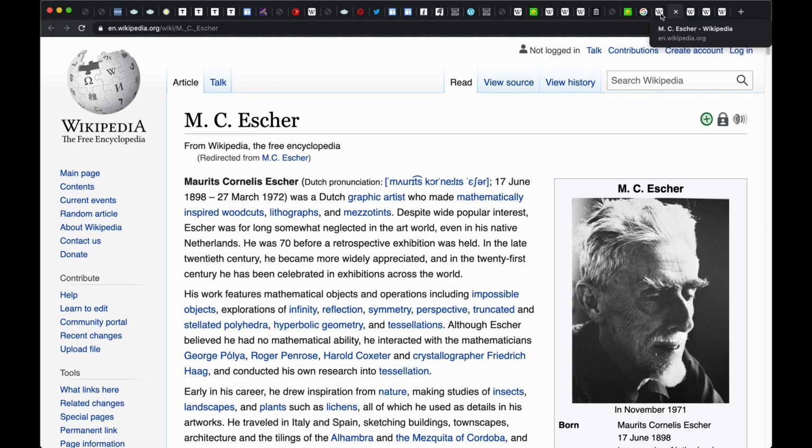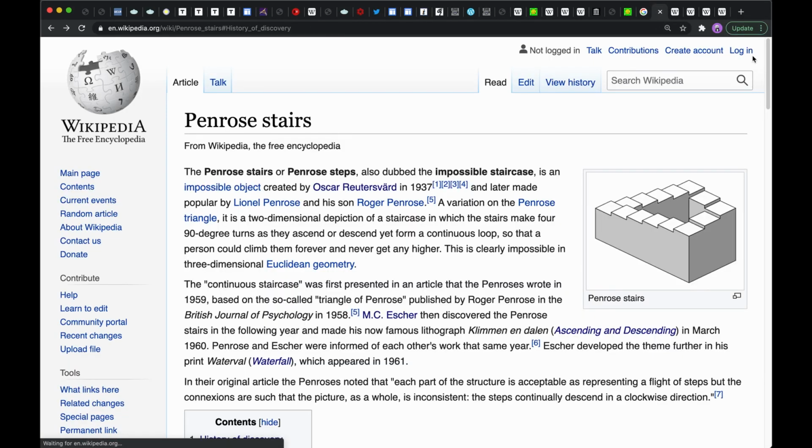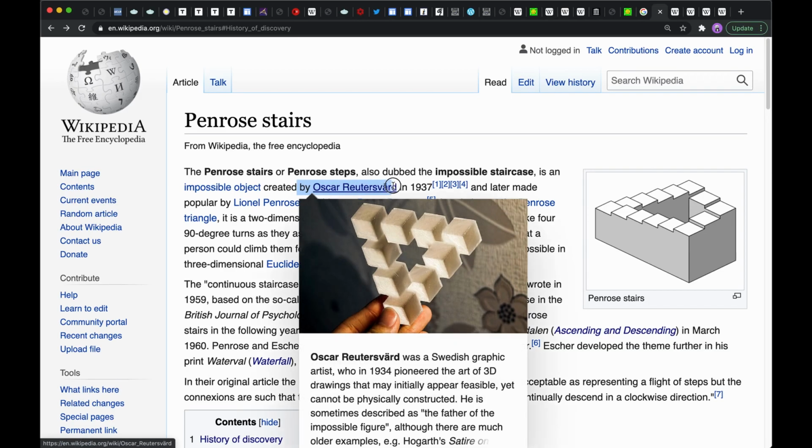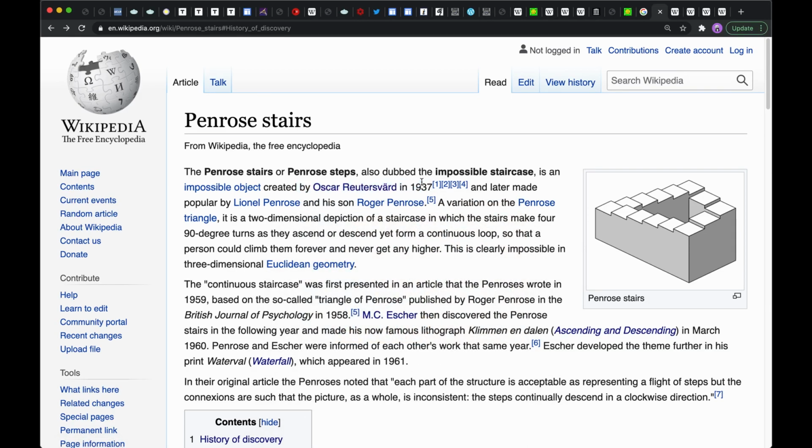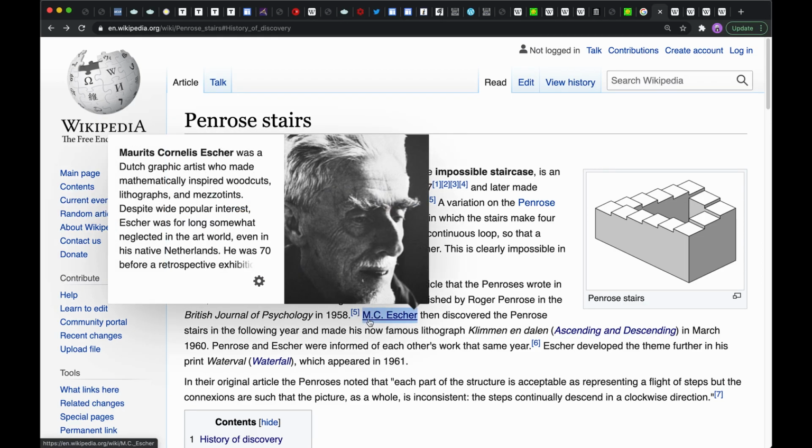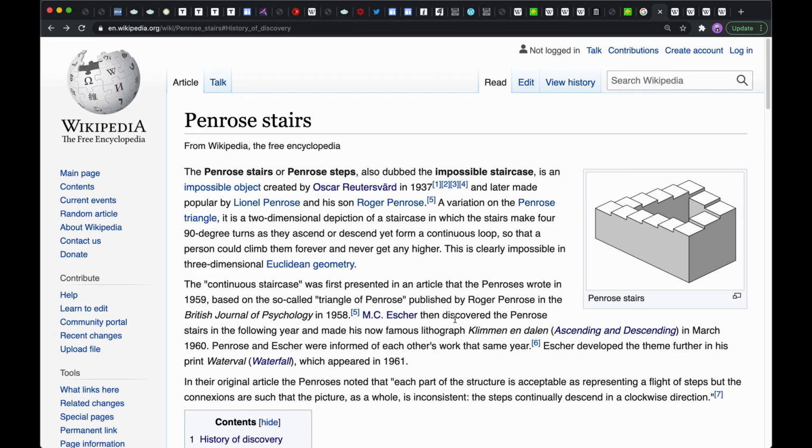Yeah. And those Penrose Stairs have a pretty interesting history because they were made popular by Penrose's father Lionel and himself, but they were created by Oscar Reuterswärd probably 20 years before them, and actually Escher was inspired by the Penrose, and basically he used, as far as I have understood, the Penrose Stairs in his pictures after Penrose wrote a letter to him.